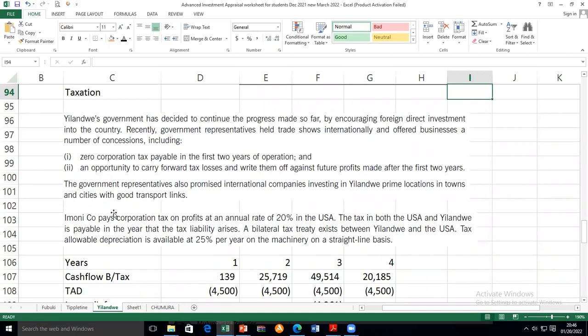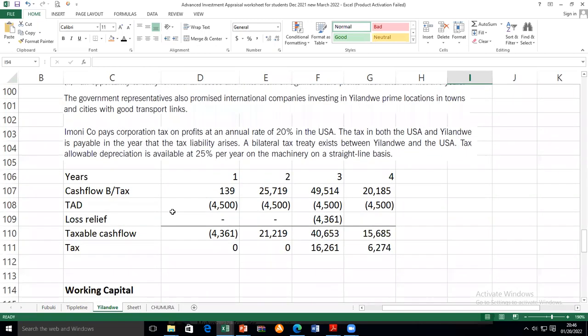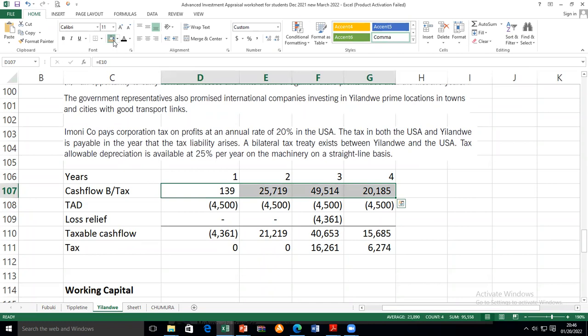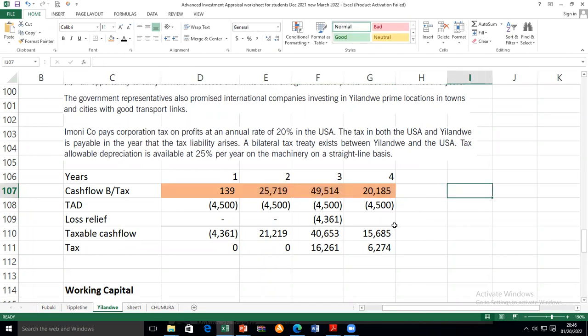So let us now look at the cash flow, with cash flows before tax here. Tax allowable depreciation is available at 25% per year on the machinery on a straight line basis. So the taxman will not tax us at this point. What the taxman will say, I'm going to give you a relief.